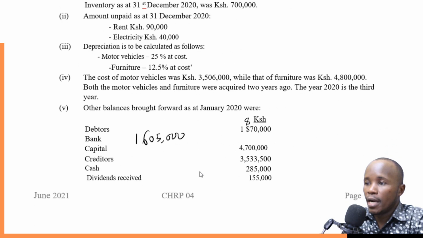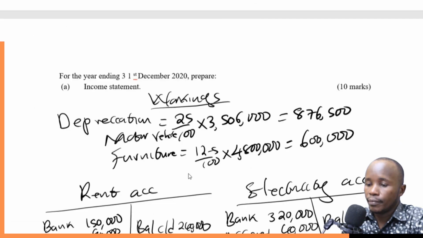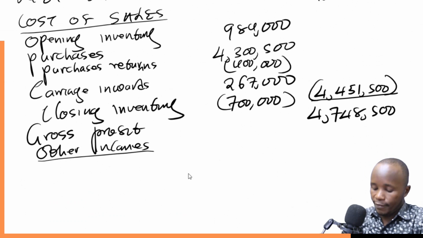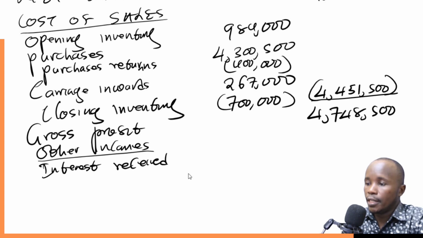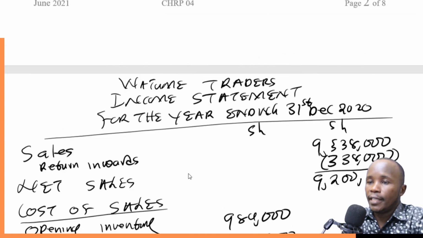These were interest perhaps from deposits with banks. Interest received is 205,000. You also have dividend received.